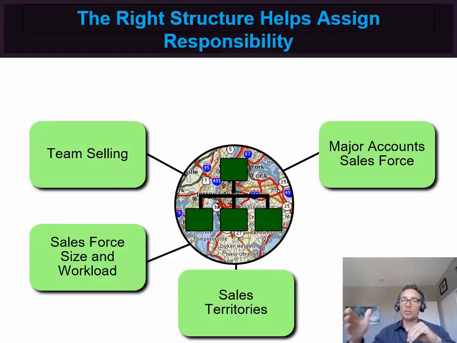How many clients do you expect them to interface with or cold call? And how much time do they need to spend with each client? So it's going to depend upon what their workload is.